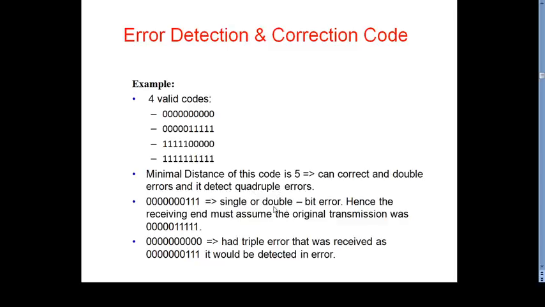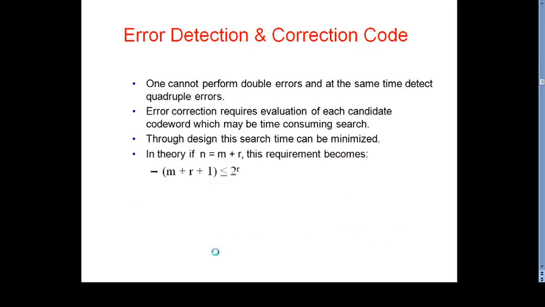Here, with a single or double bit error, the receiver must assume the original transmission was the nearest code word. A triple error, when received, would be detected as an error. One can correct a double error and at the same time detect quadruple errors.